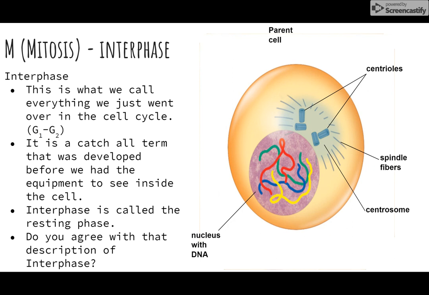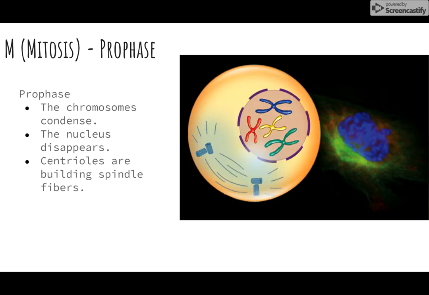And so oftentimes it gets called the resting phase because when we were first looking at cells, cell division was easy to see, but what was going on inside the cells between cell division was not as easy to see. So do you agree that interphase is actually a resting phase or not? Something to consider for your notes.